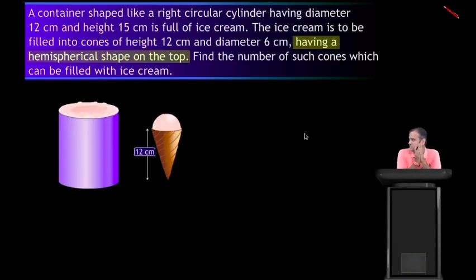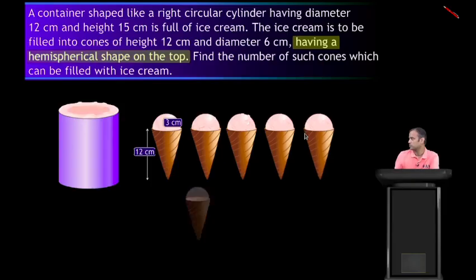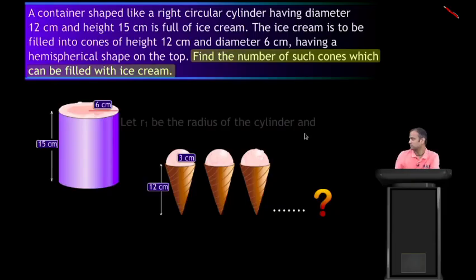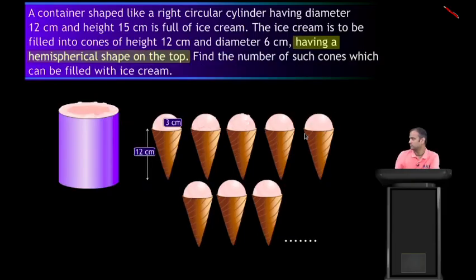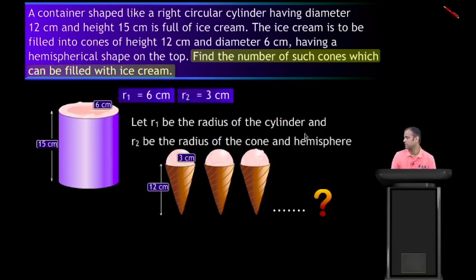So this is not a simple cone. If you look carefully, you will find that this part is a cone and the upper part is a hemisphere. So to find the volume of this combination, we have to find volume of cone plus volume of hemisphere. Here we have to find the number of such cones. Let R1 be the radius of the cylinder and H1 be the height of the cylinder.